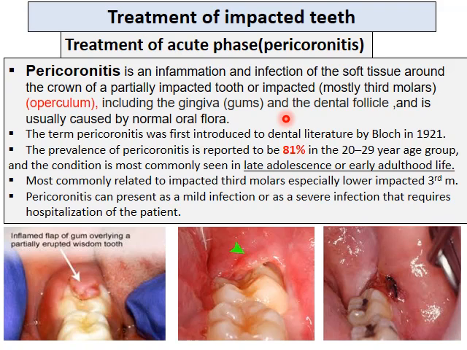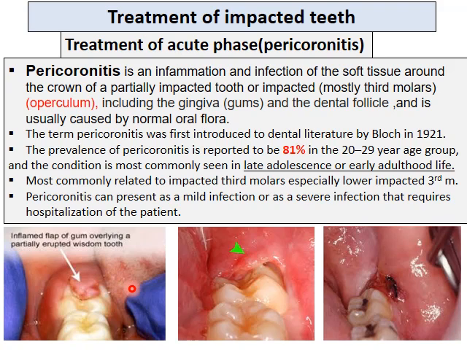The term pericoronitis was first introduced in the dental literature by Bloch in 1921, and they stated that the prevalence of pericoronitis associated with impacted teeth is about 80% or slightly more. It is most commonly seen between the ages of 20 and 29, and this is the time expected to see this complication because the normal eruption of the lower third molar is between 18 and 20 years.